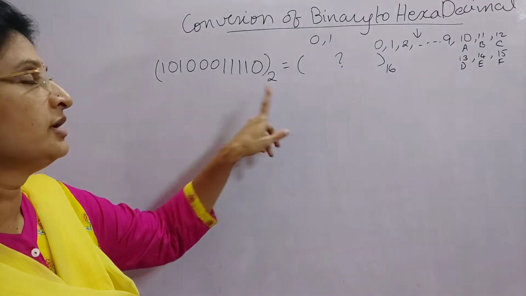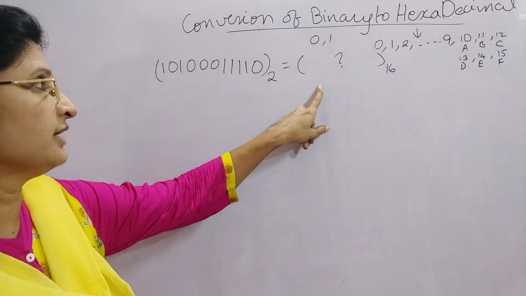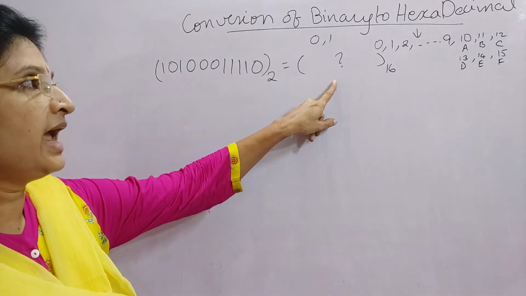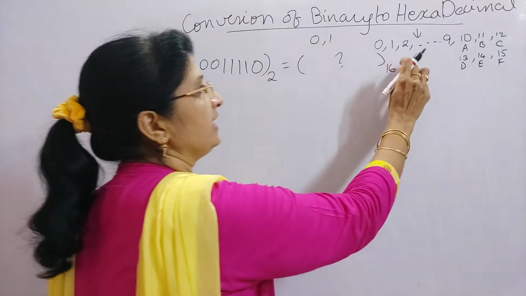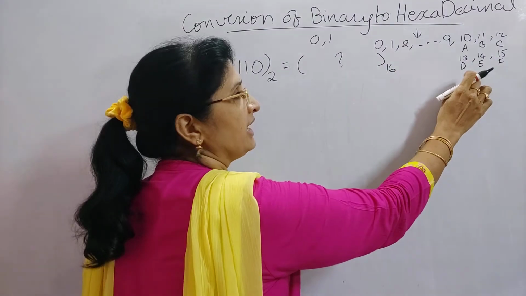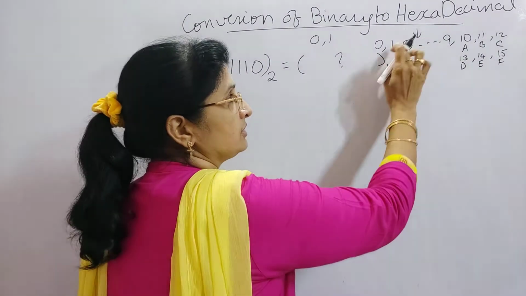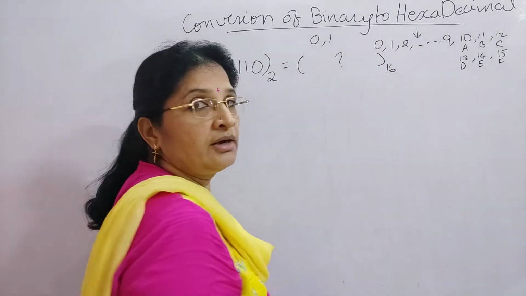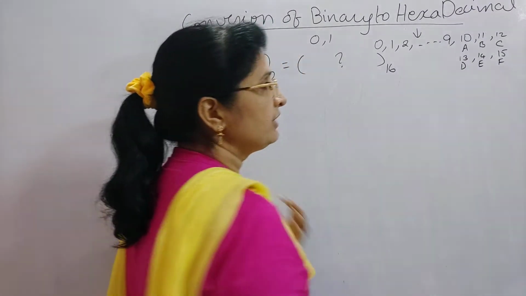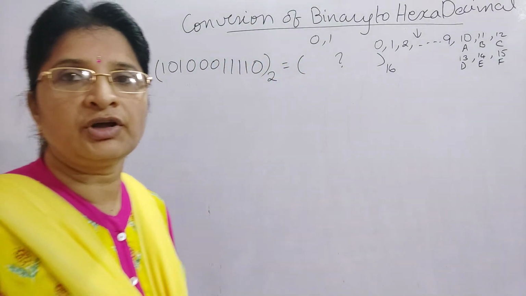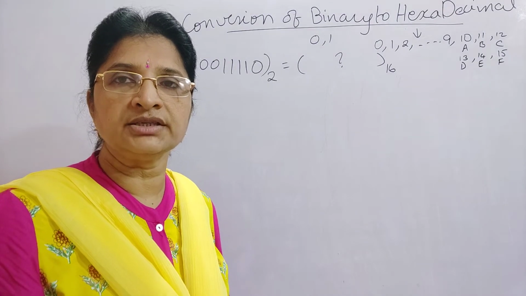Before converting the binary number to a hexadecimal number, we have to find the individual binary codes for these 16 numbers. So that we will see first. For binary numbers you have only 0 and 1.